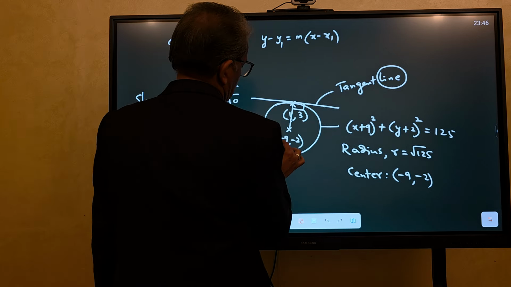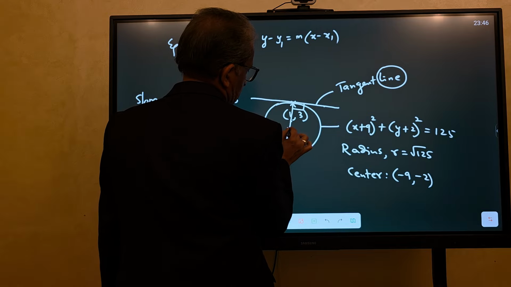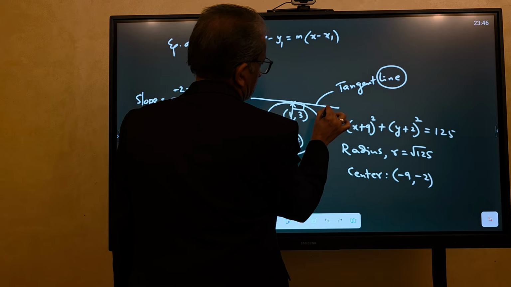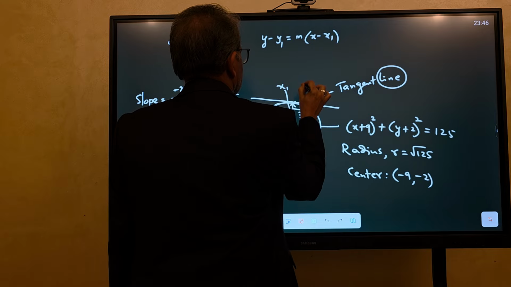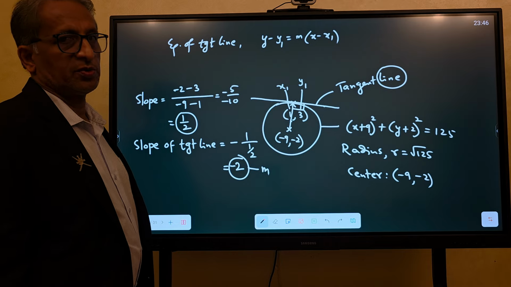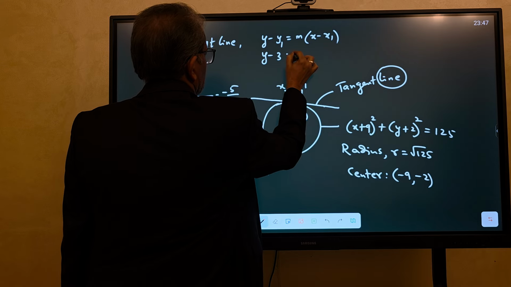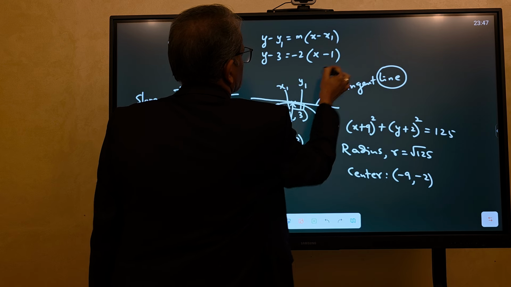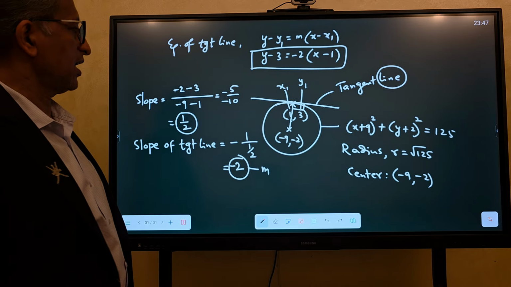Not (-9, -2), because that is not on the tangent line; it is the center of the circle. But (1, 3) is on the circle as well as on the tangent line. So this is x1, this is y1, and this is m, the slope of the tangent line. Put here y minus 3 equals minus 2 times (x minus x1). Solve this, and you will get the equation of the tangent line.